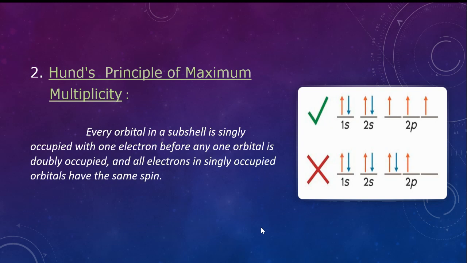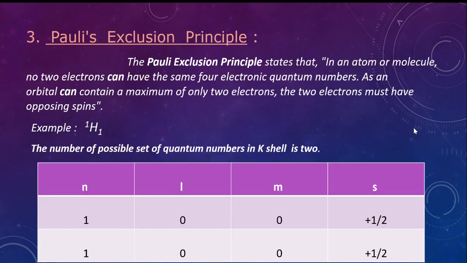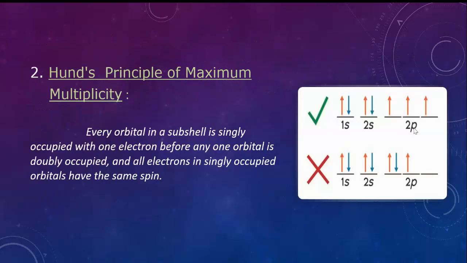Here the electrons will occupy singly like this: one in px, one in py and one in pz. But not like this: 2 in px, 1 in py and none in pz. This is the wrong way. This is the right way. Okay, so that's about Hund's rule.